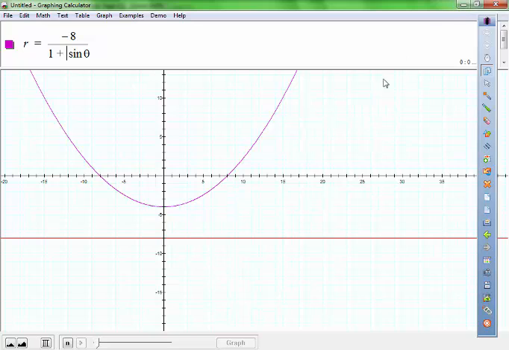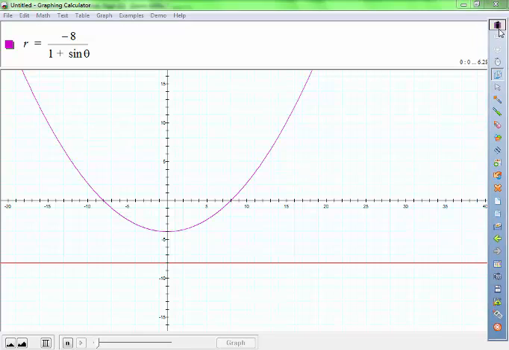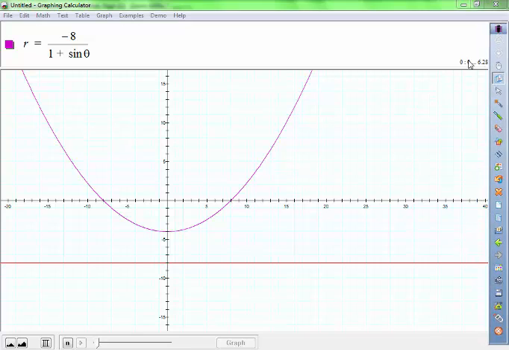Oh, by the way, the graphs are being drawn in a certain way. So what if I just want this small part of the parabola that's below the x-axis? How should I change my theta limits? I go from 0 to 2 pi, and then I get this whole parabola. What if I want a piece of the parabola?